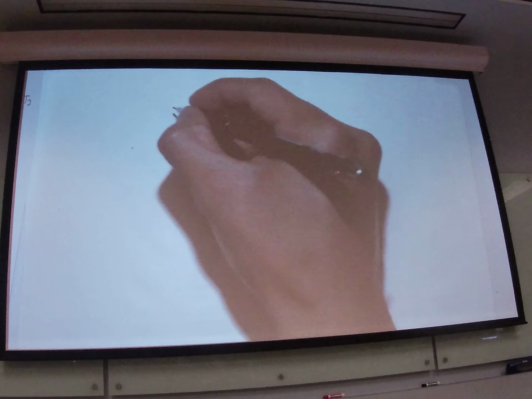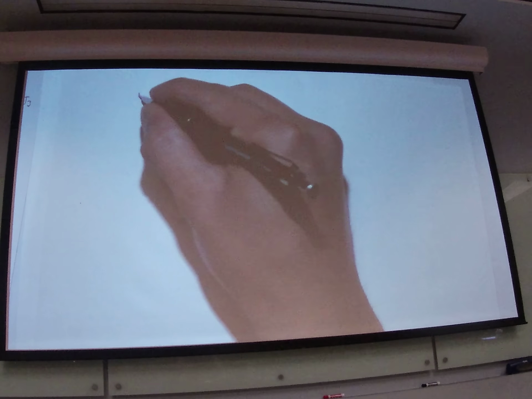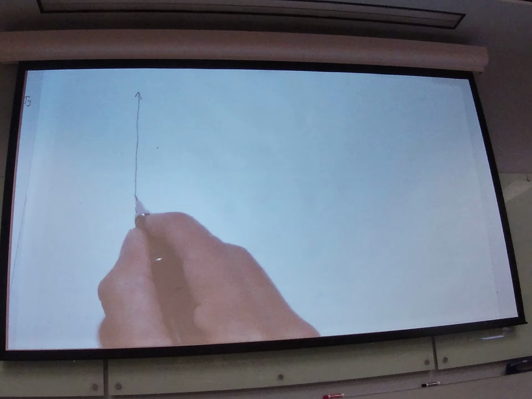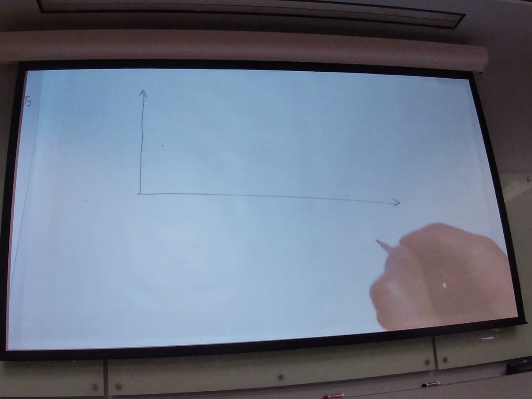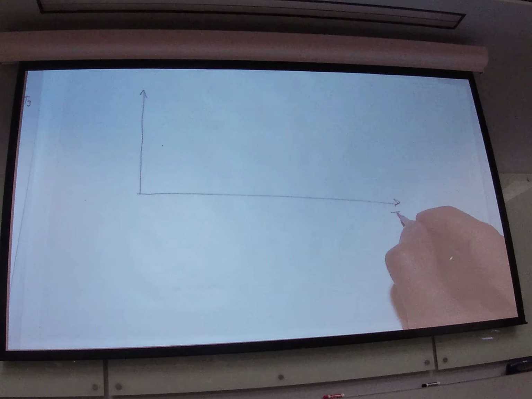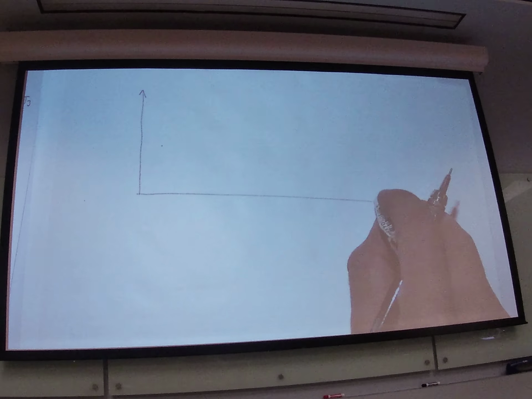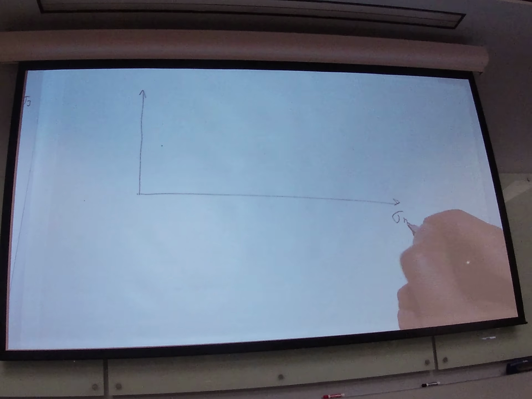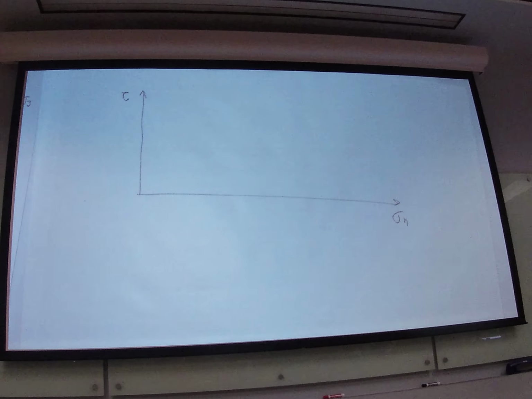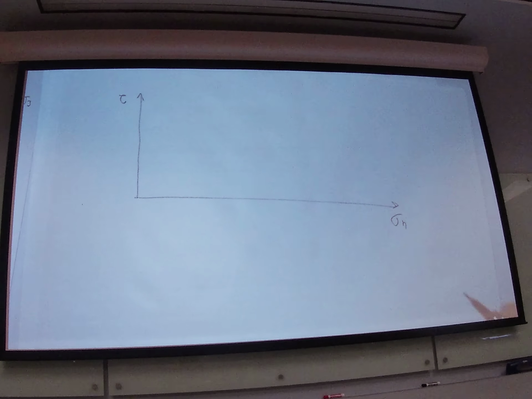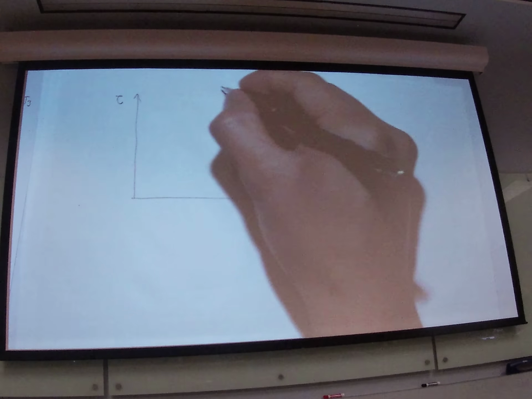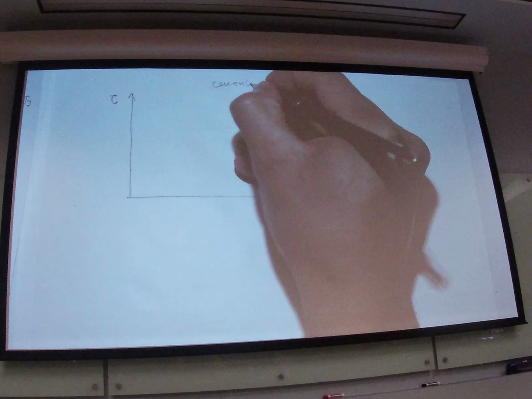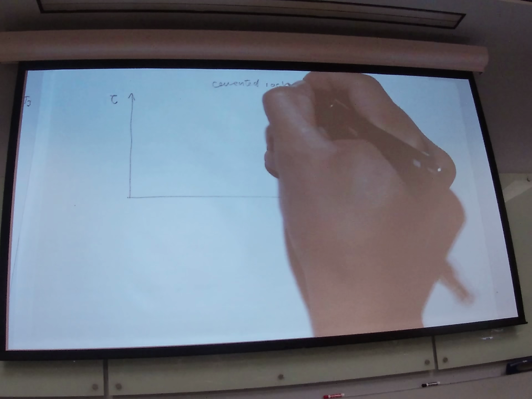All right, so what about now if we do have a cemented material, and we're going to do the same here. It's going to be sigma n, it's going to be tau, and now we have a cemented rock.